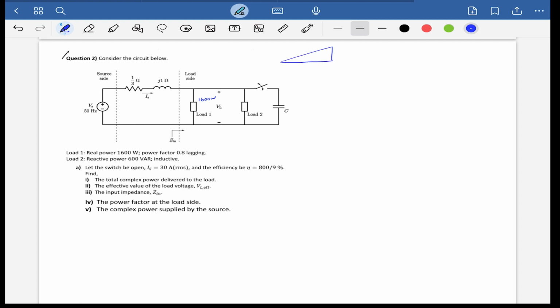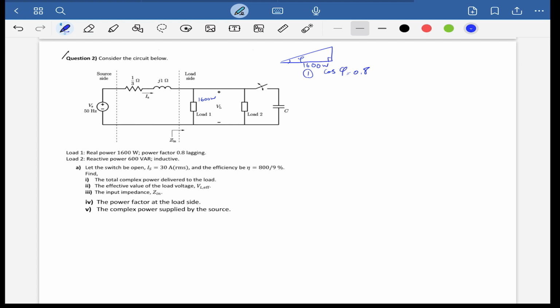So for load 1, we draw the power triangle, and if this is phi, then cosine of phi is 0.8, and the real power, which is this side, is 1600 watts.